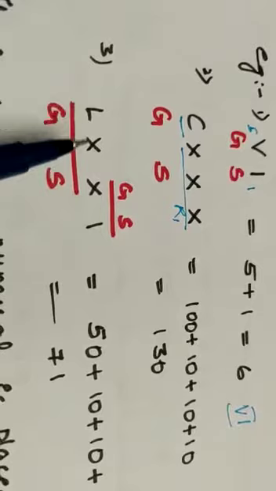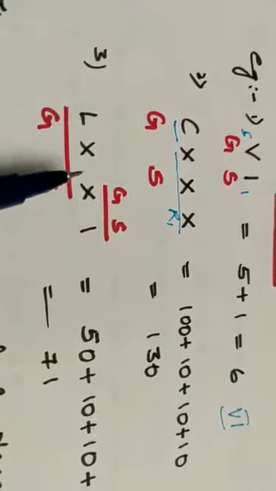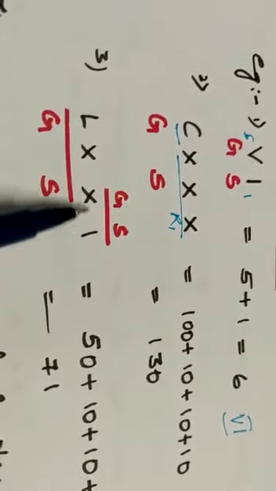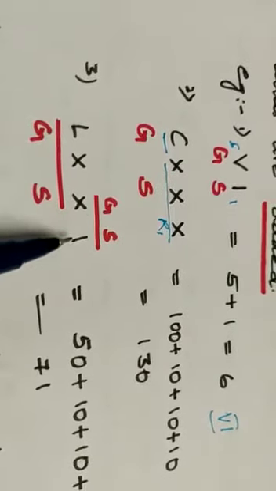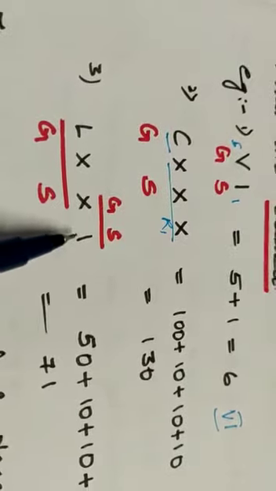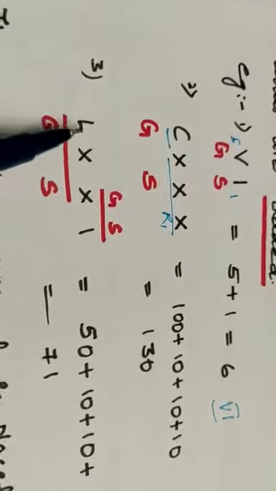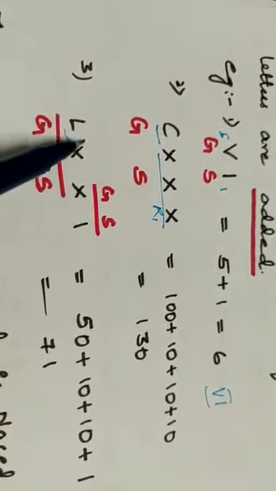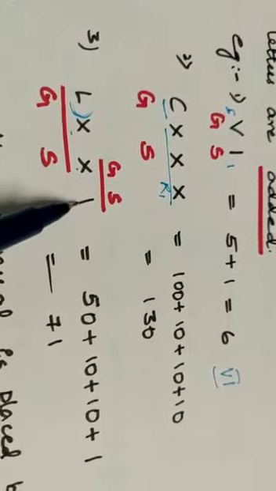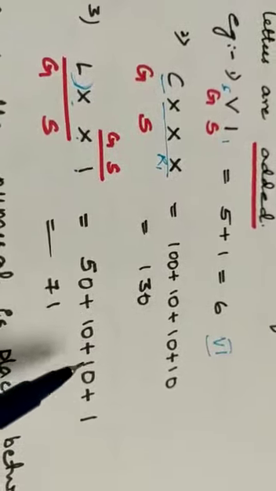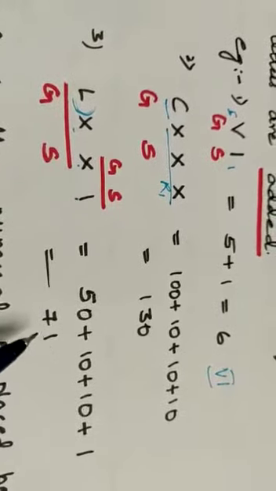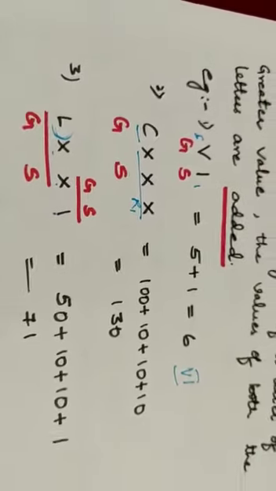So this is larger and this is smaller. And again, if you compare these two, this is greater and this is smaller because X value is 10, I value is 1. Is it right? But still, L is greater compared to X, X and I. So addition has to be performed. 50 plus 10 plus 10 plus 1. 71. Hope this rule is clear, children.